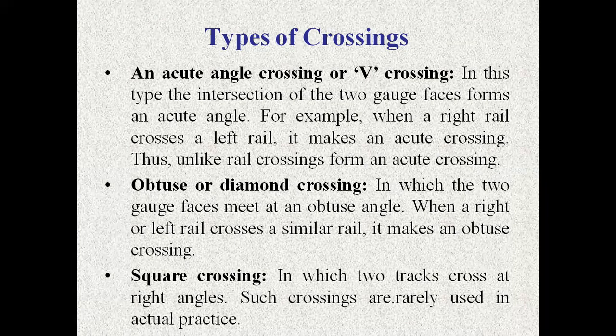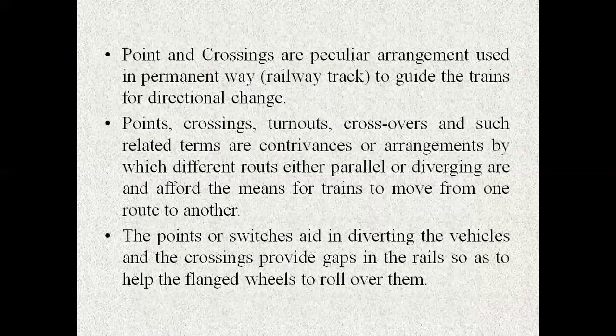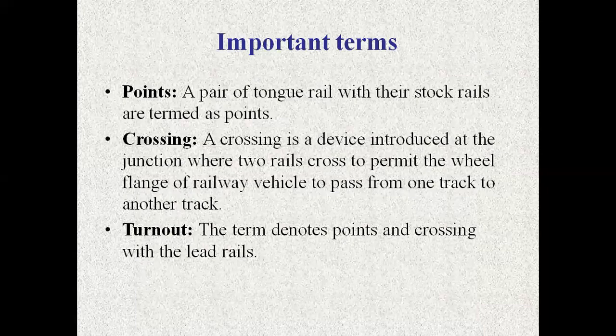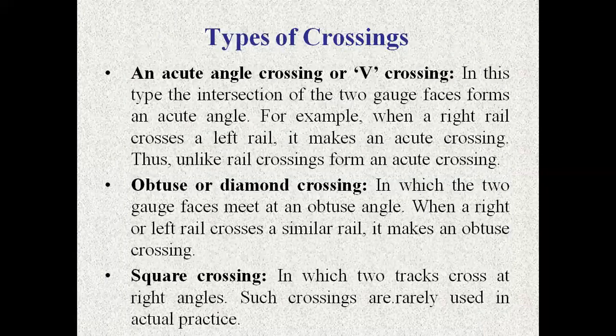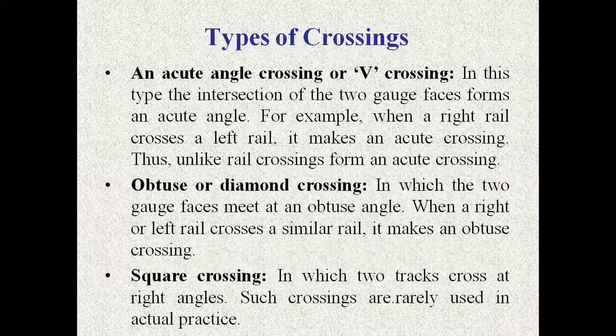Square crossing is one in which two tracks cross at right angles. In this image you can observe that the crossing of the two tracks is at 90 degrees.